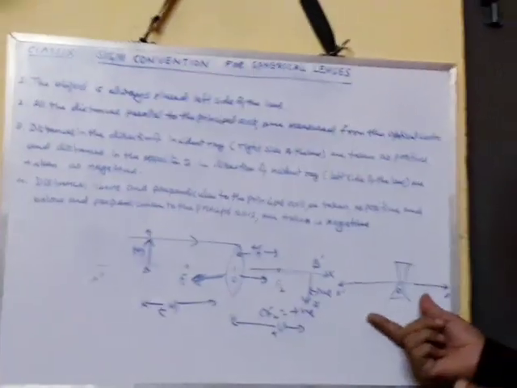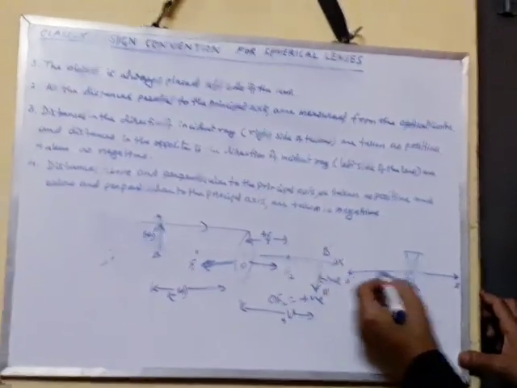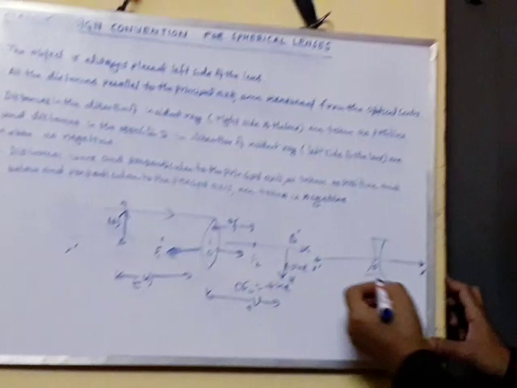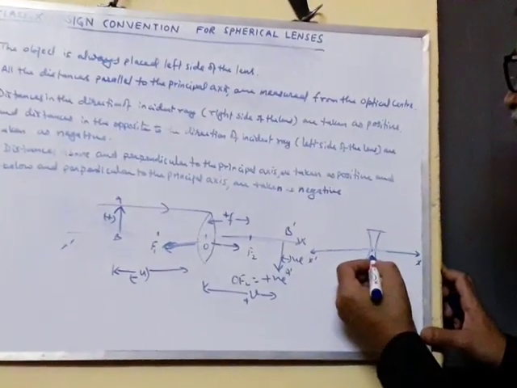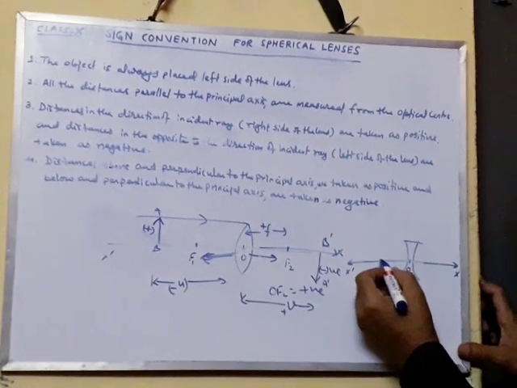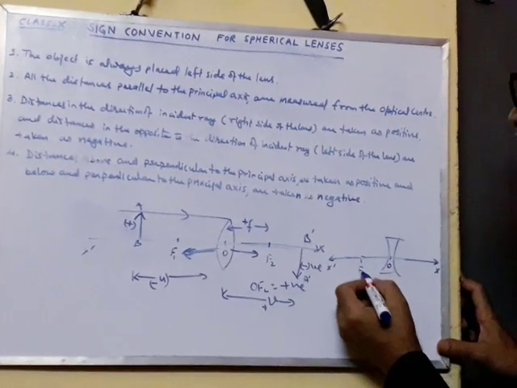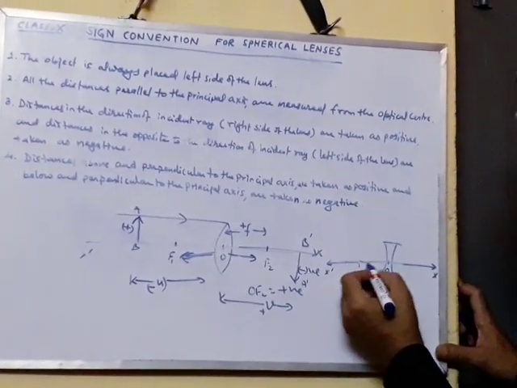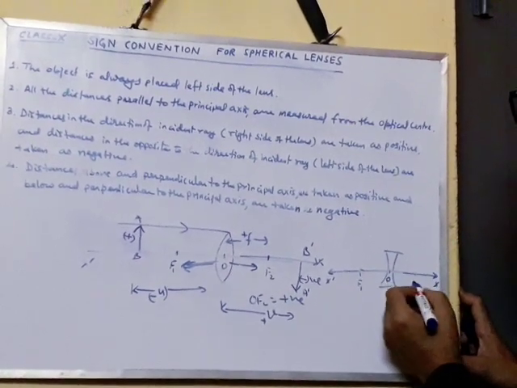Now take the example of the concave lens. Suppose this is the x dash axis where the lens is placed at the origin. For this lens, f1 is on this side, f2 is on this side.